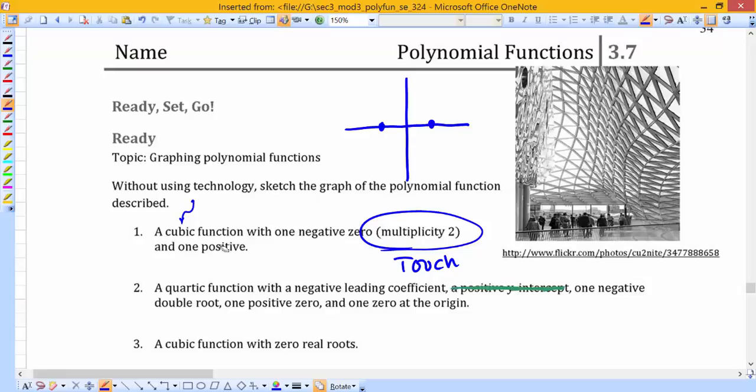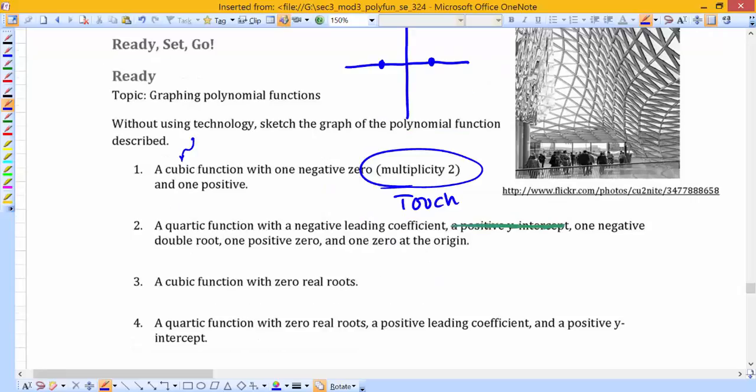In number 2, a quartic function with a negative leading coefficient. I crossed out a positive y-intercept and then one negative zero double root. So think about what the double root means. That's the same as multiplicity. One positive zero and one zero at the origin.